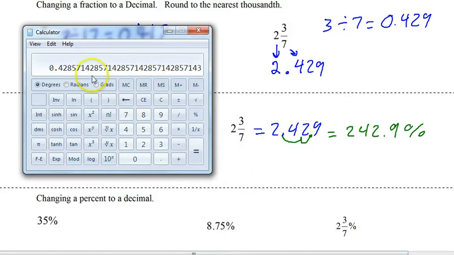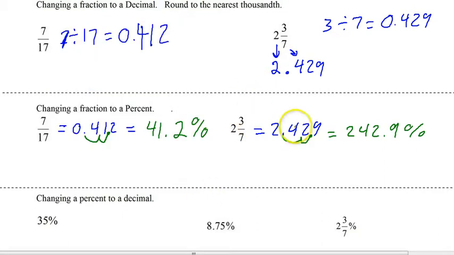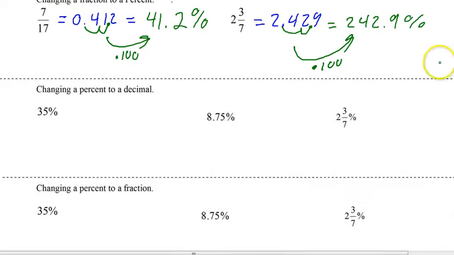So if you take that decimal, 2.429, and you multiply it by 100, it moves the decimal 2 places because there's 2 zeros. So all we're doing from here to here is multiplying by 100. And then to go from here to here, we're multiplying by 100. That's it. Okay. Percent to decimal.